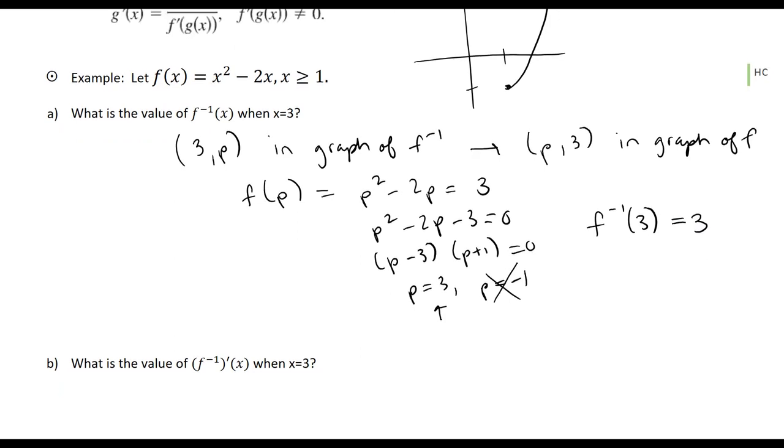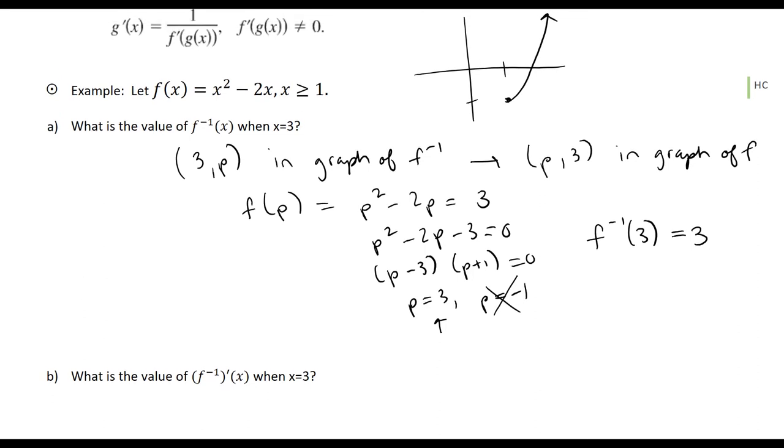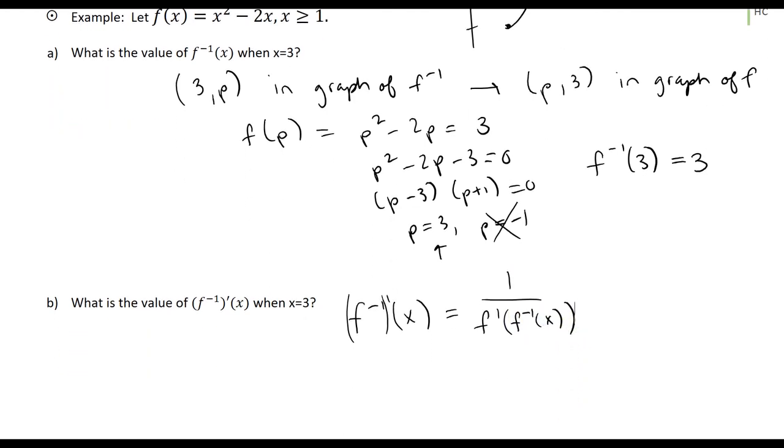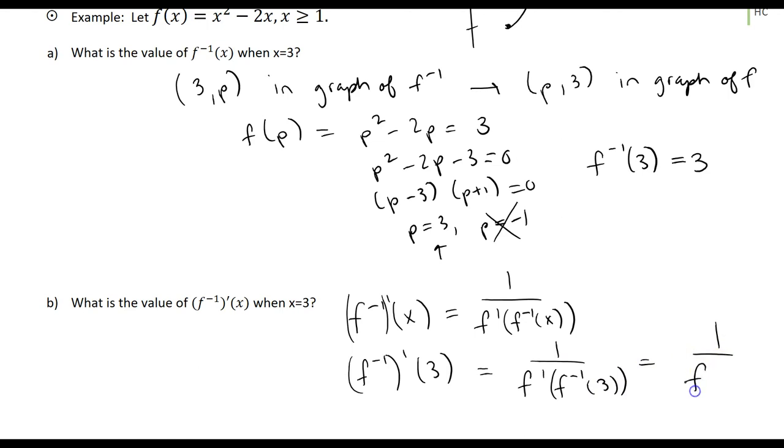So if I want to find the value of f inverse prime of x when x is equal to 3, according to this formula here, f inverse prime, so notice they've got that in parentheses because it's the derivative of f inverse, is going to be 1 divided by f prime of f inverse of x. Okay, so f inverse prime of 3 would be 1 divided by f prime of f inverse of 3, which is 1 divided by f prime of 3.